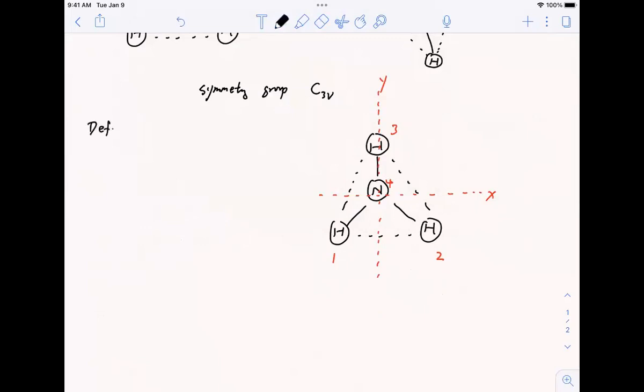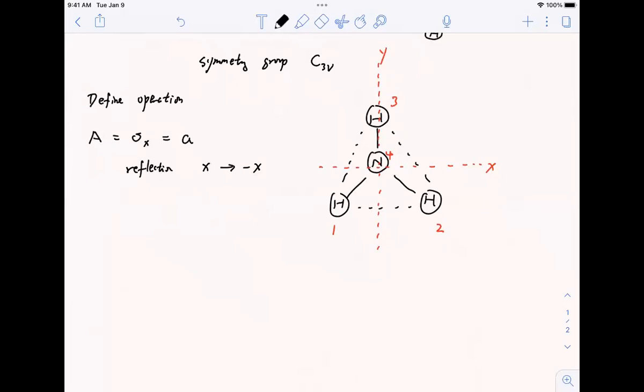So define operation. Sigma X means A. Both big A and small a mean reflection, X goes to negative X. You call this axis A. This is the reflection plane.